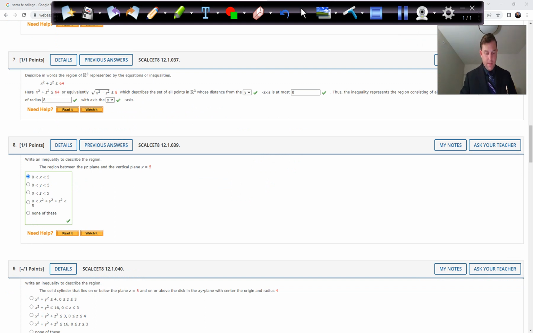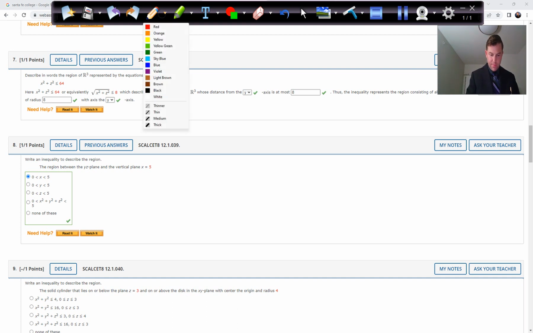Okay, for problem 8, it says write an inequality to describe the region between the YZ plane and the vertical plane x equal to 5. So let's draw this one again.